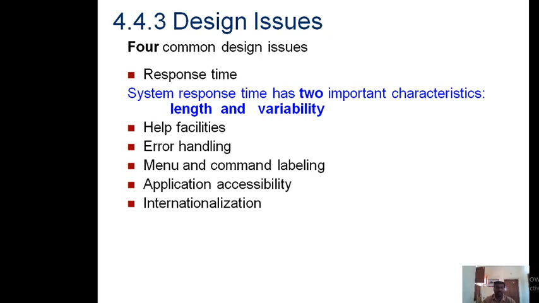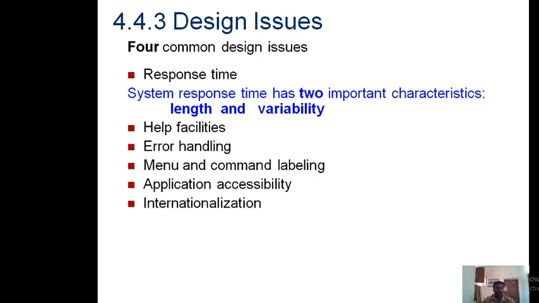The second issue is help facility. How are we providing help in the interface design? Even if you do not provide a proper help facility, it creates some issues in the development of the interface. The third issue is error handling. When you are developing or designing an interface, you must provide an error handling facility also.